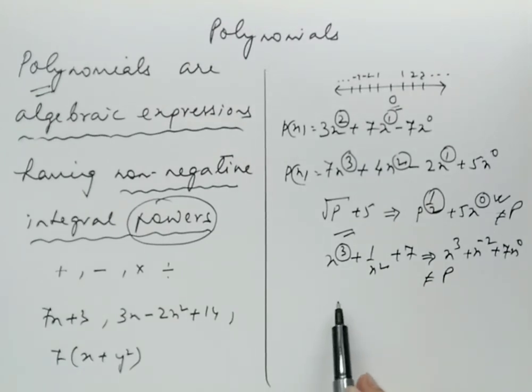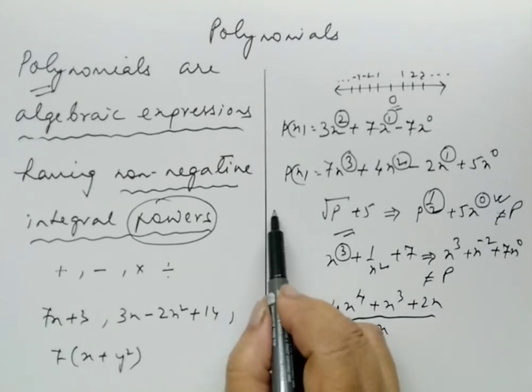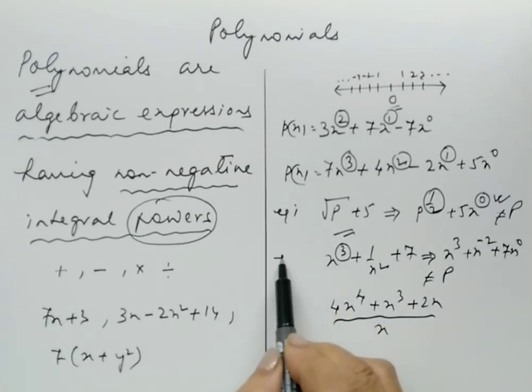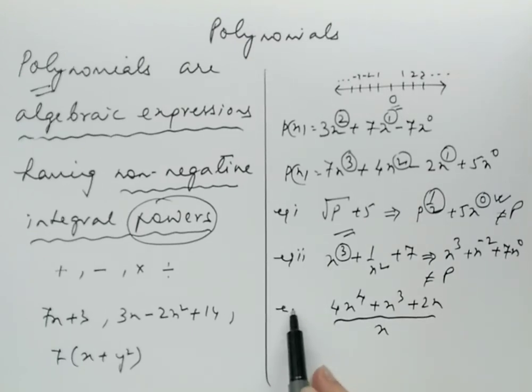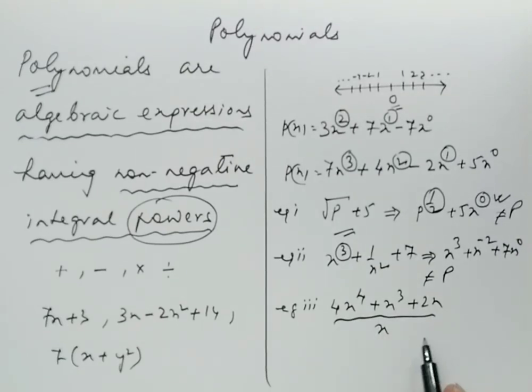Now I'll give you another wonderful example for you to decide whether this is a polynomial or not. So this is example 1, this is example 2, this is example 3. Alright guys, what about this? Is this a polynomial according to you or not? Let me explain. This is a polynomial, and I'm going to prove it by simplifying further.